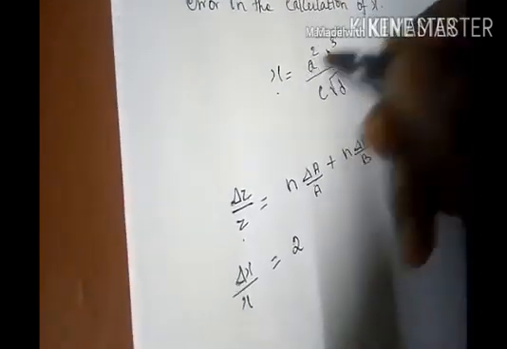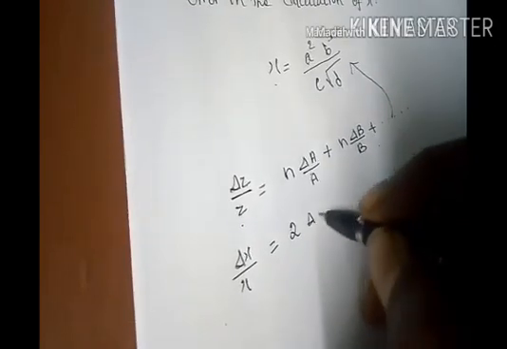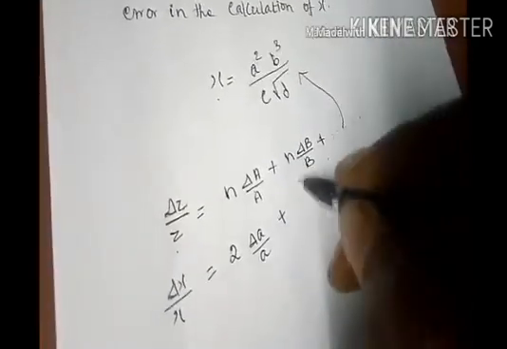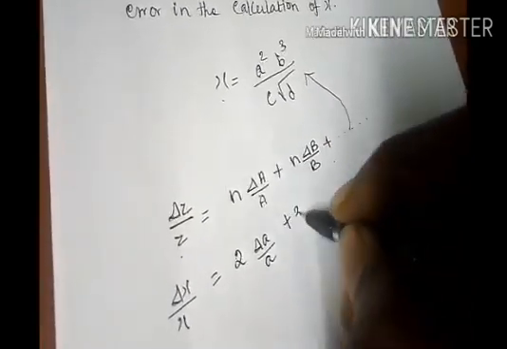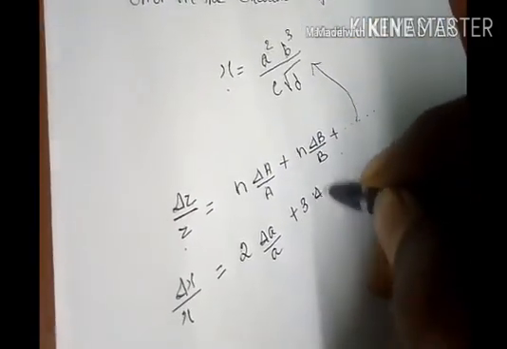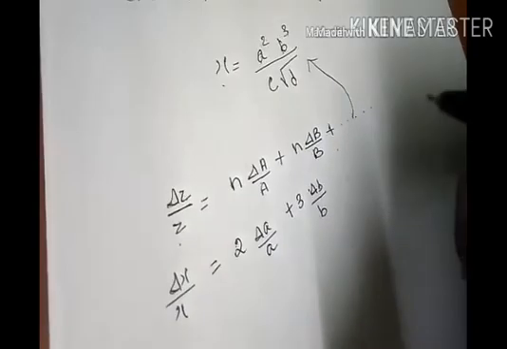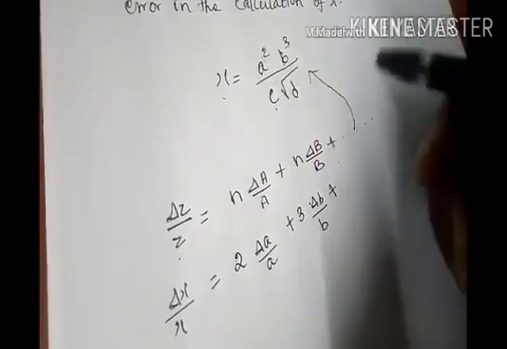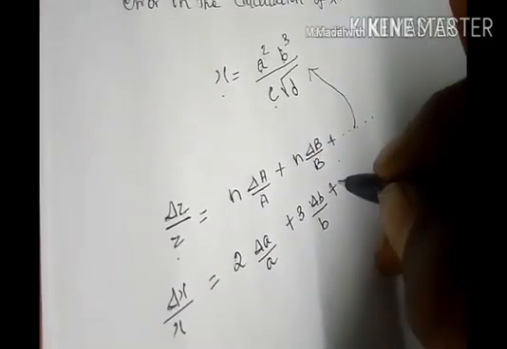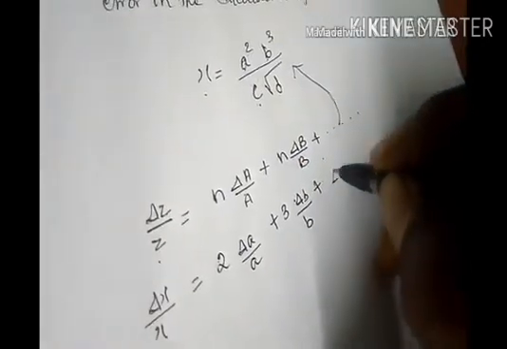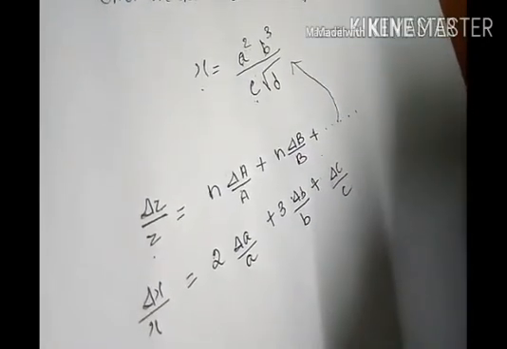The first quantity: n is 2, so 2 into del a divided by a, plus the second quantity, the power is 3, so n is 3, del b divided by b. Next, the third quantity: c power is 1, so n is 1, no need to write it, so the quantity is del c divided by c.